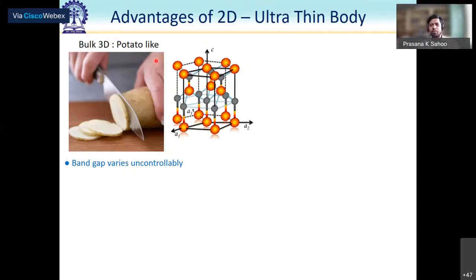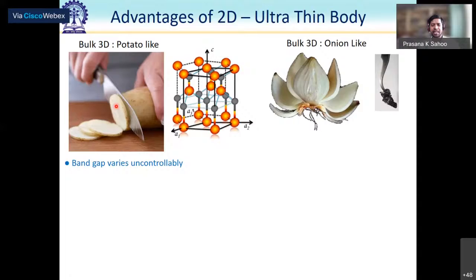If you take the example of potatoes, what we eat, you Bengalis and Odia people love potatoes, you put them everywhere. If you want to make slices, you have to cut into small pieces. You need literally a slice for that. That means the bonding between, if you zoom into the microscopic or atomic scale, the atoms are literally connected, and to break a particular bond you literally have to force it.